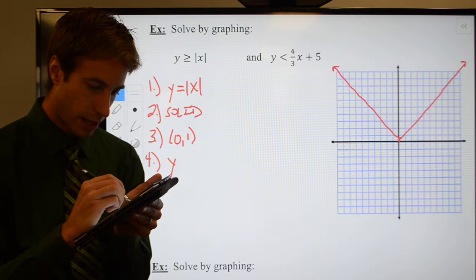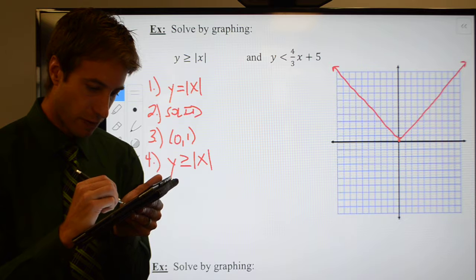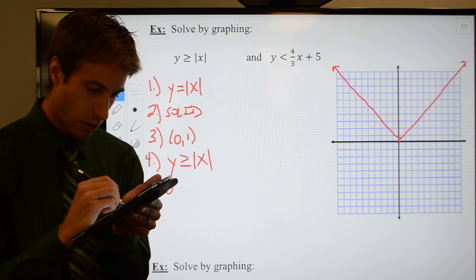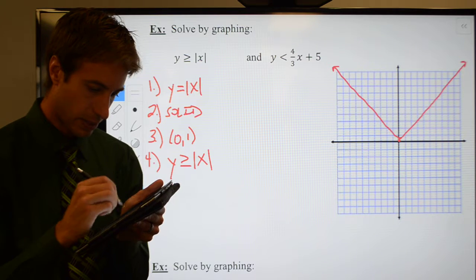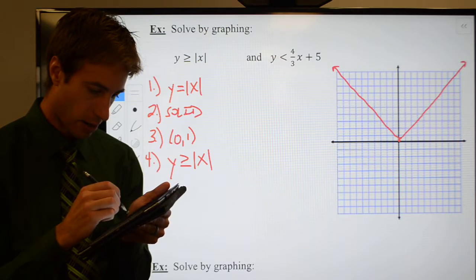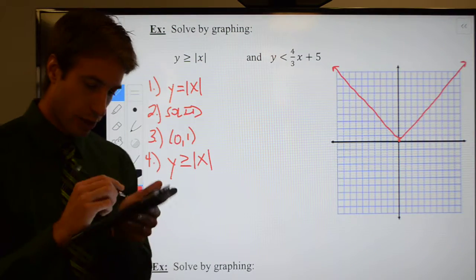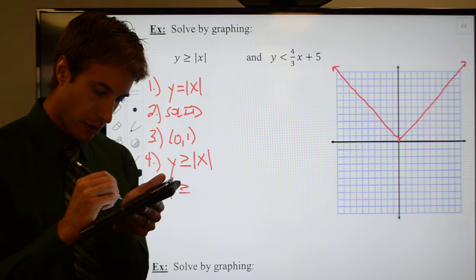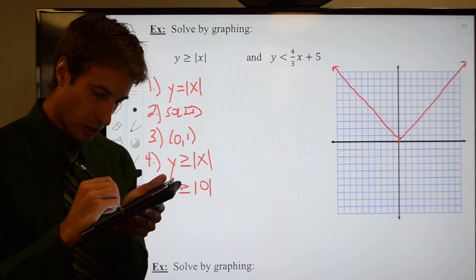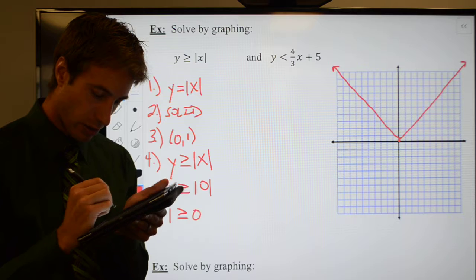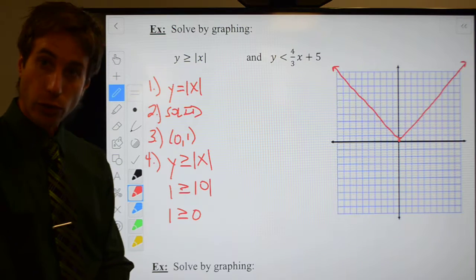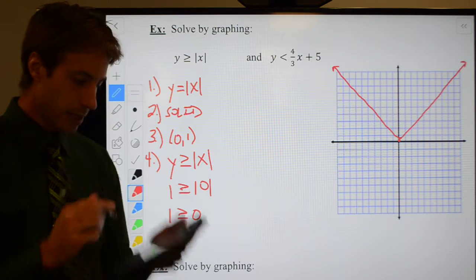So I'm going to do y is greater than or equal to the absolute value of x. It's x, y, not y, x. Sorry. The value of y is 1. So 1 is greater than or equal to the absolute value of 0, which means 1 is greater than or equal to 0. Is 1 greater than or equal to 0? Yes, it is.